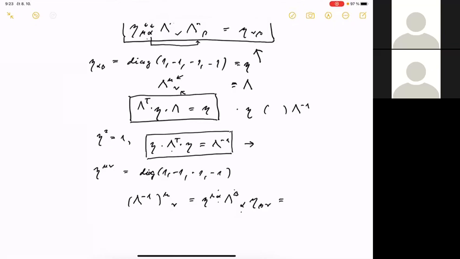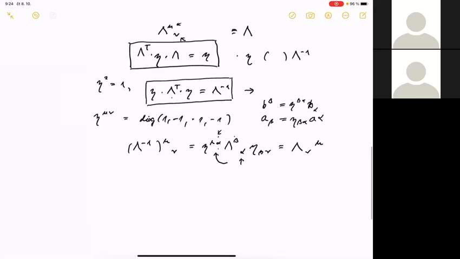Simply, if we have some upper index, we can lower it just by this metric. And vice versa, here this lower index alpha is getting upper by this η^μα. Again, if we have some object with a lower index, we can change the position of the index with the Minkowski metric. So this is nothing else but Λ_ν^μ.